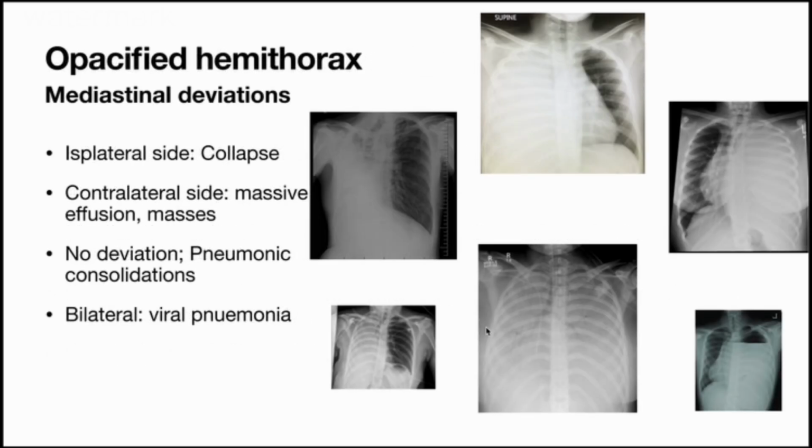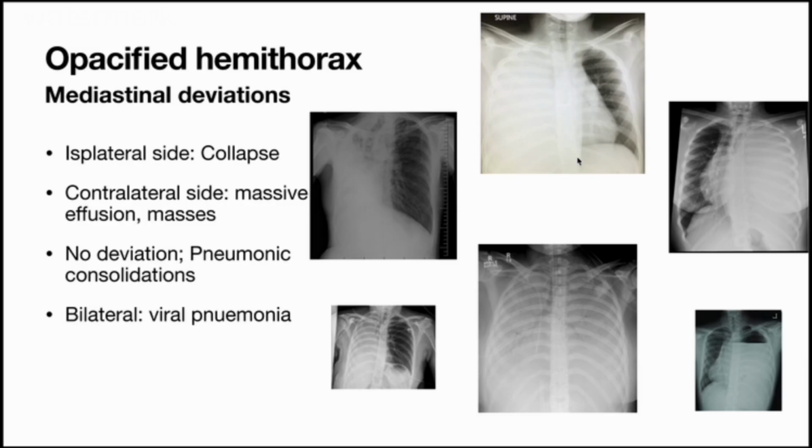For example, in this image up here, you look at it quickly and you say, this is most likely an effusion. Why is it an effusion? Because we don't have any loss in volume and we don't have compression on the mediastinal structures. So then we say it's an effusion, and we write a report knowing this is an effusion.